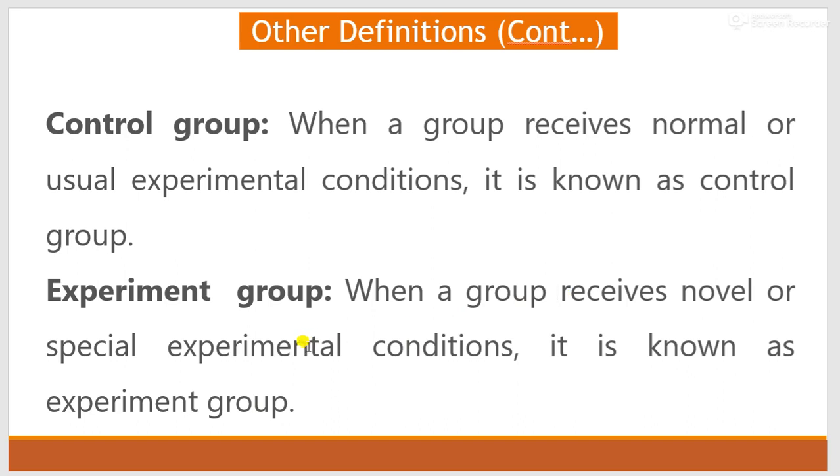So when we give a dose, the dose is given to the experiment group, but it is not given to the control group. So the control group receives usual experimental conditions, while the experiment group receives novel or special experimental conditions.